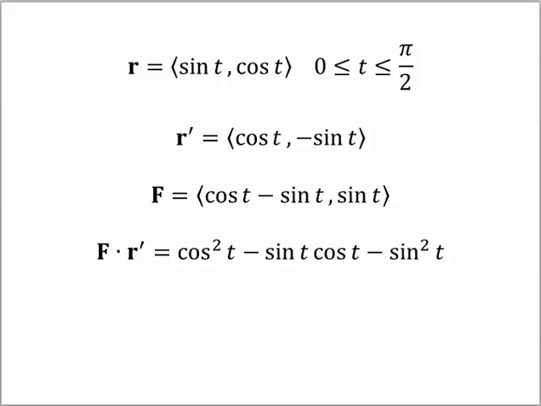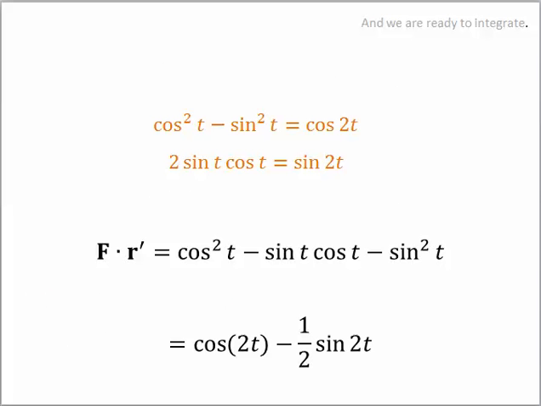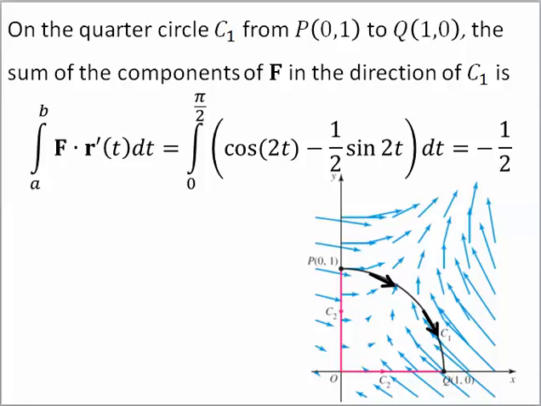After we find the dot product, we use identities to simplify the expression. And we are now ready to integrate. Since it's the quarter circle, we integrate from 0 to pi over 2, and we get that the line integral is equal to -1/2.